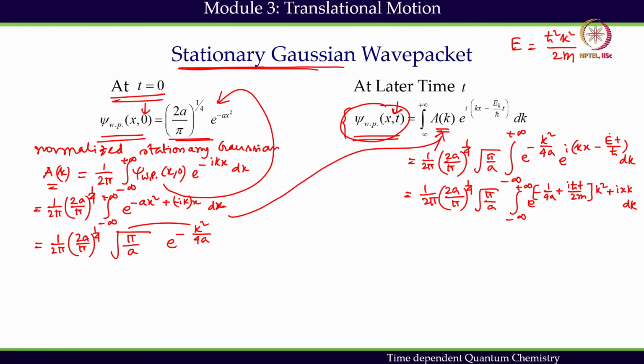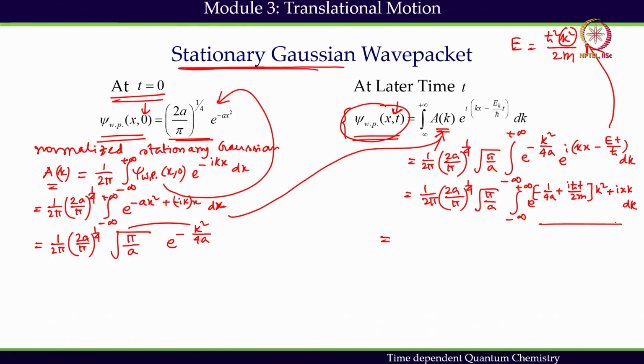Here I have inserted this E value. So this part is inserted, that is why I get this k square part, and this k square part is taken out, and I get i h cut t by 2m.